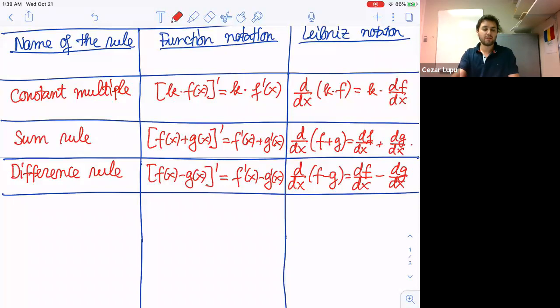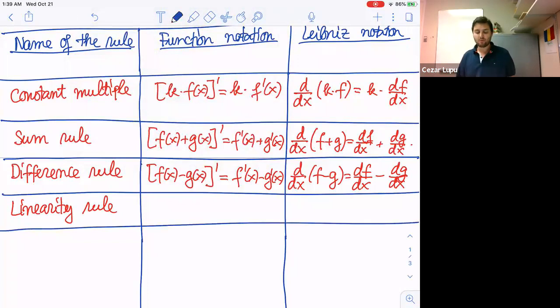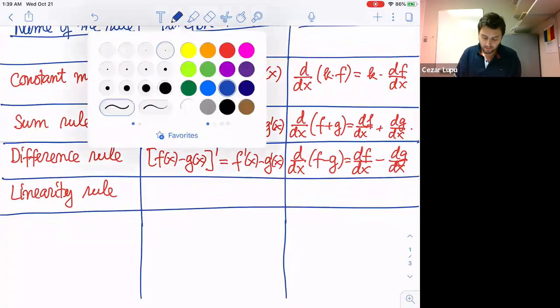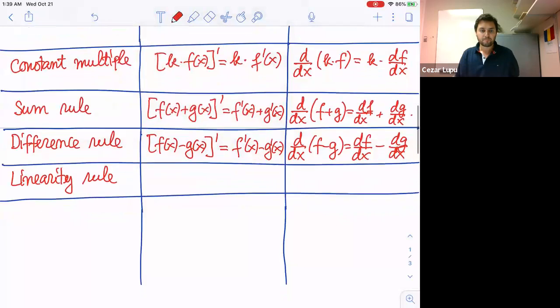So these are the basic rules, but now let me also say the linearity rule. I want you to see this one. Well, it's pretty straightforward, but let's just write it.